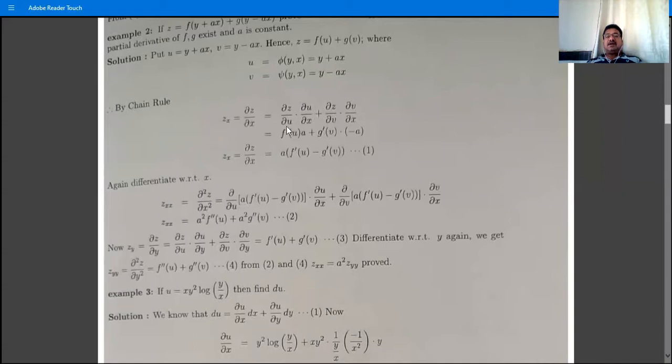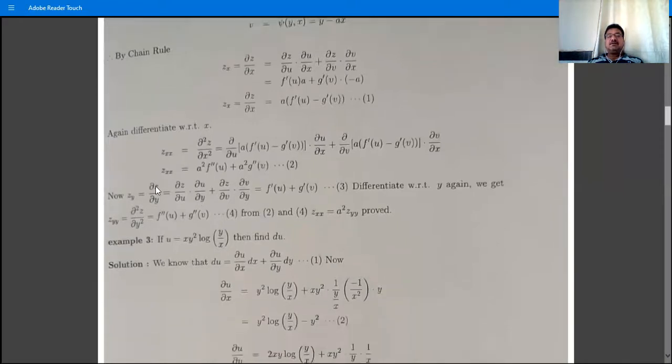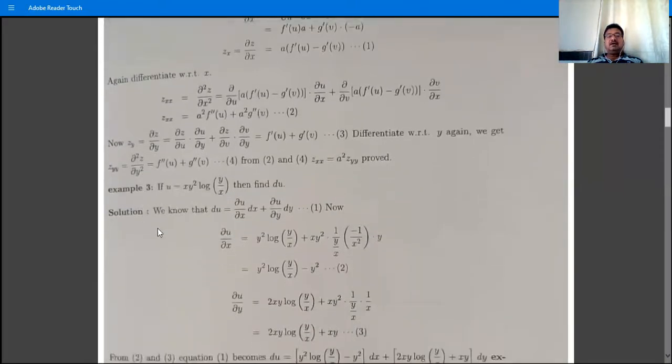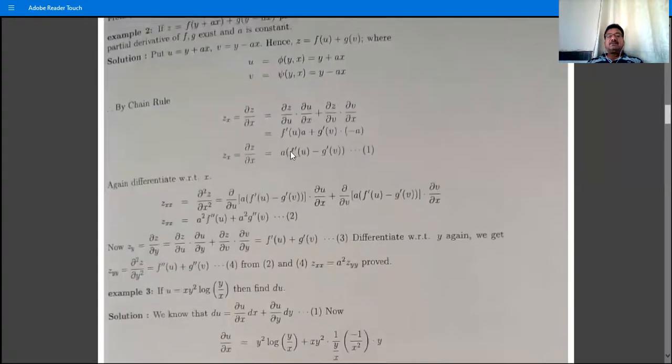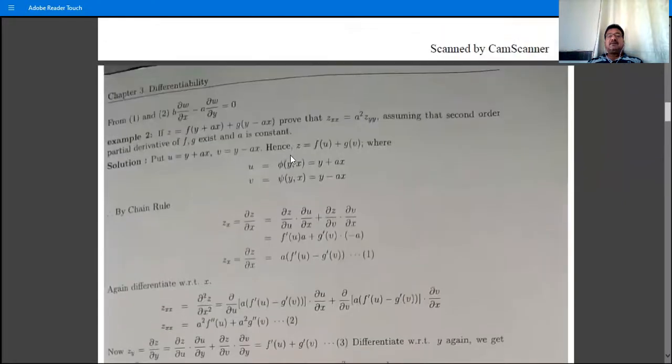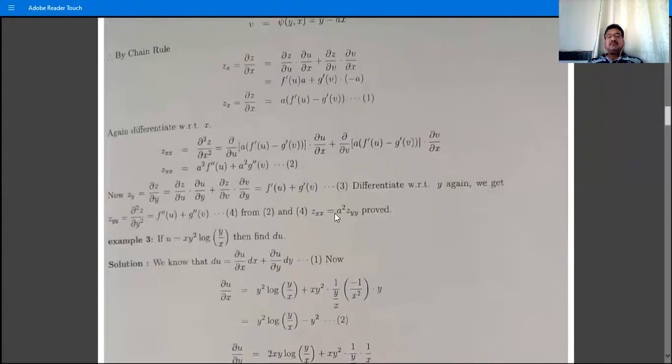Here the zx, the derivative of this quantity with respect to x, is what? zx is a function of u and v, and u and v are functions of x and y. So again by chain rule, the derivative of this quantity with respect to u into ∂u/∂x, plus this quantity with respect to v into ∂v/∂x. So again chain rule. So this is zxx. Similarly find zyy, and then we have this answer.